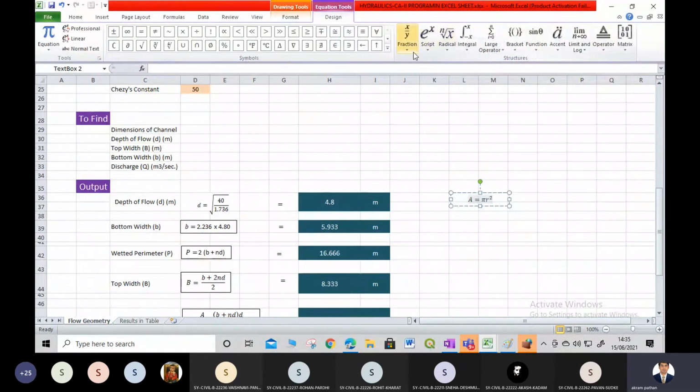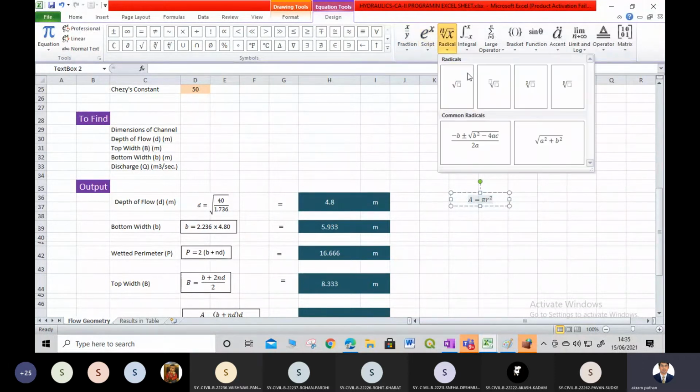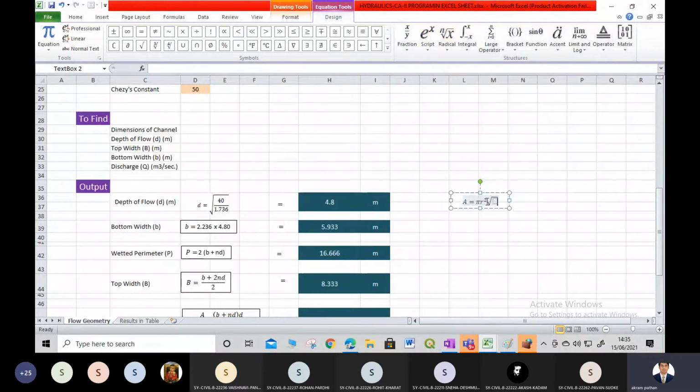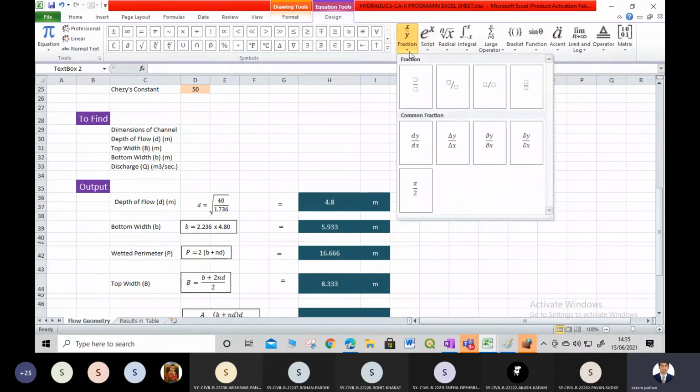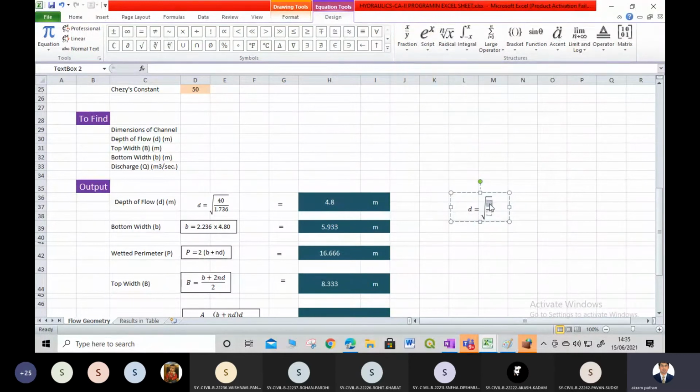See here, we have the under root, take this one and remove this. So D is equal to under root 40 divided by, take this division, 40 divided by 1.736.